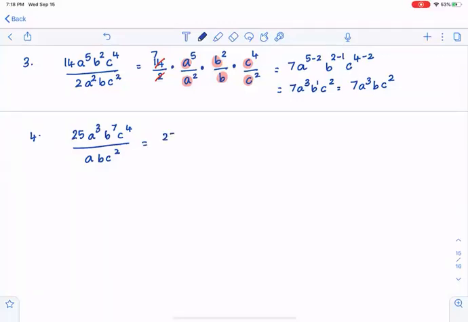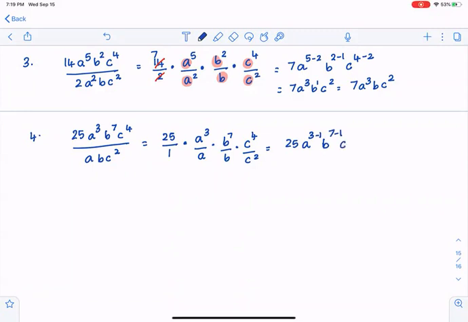So numbers together, so 25 over 1, a cubed over a, b raised 7 over b, c raised 4 over c squared. 25, a cubed over a, same base, 3 minus 1. b raised 7 over b, identical base, b raised 7 minus 1. c raised 4 over c squared, identical base, numerator power 4 minus denominator power 2.